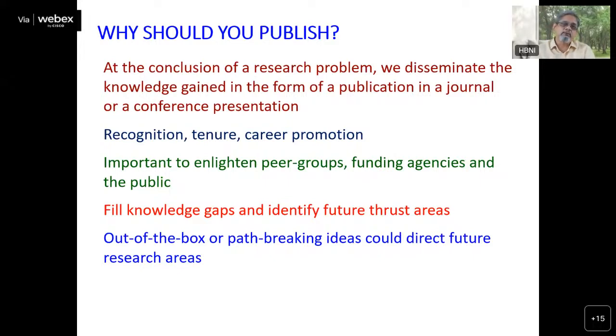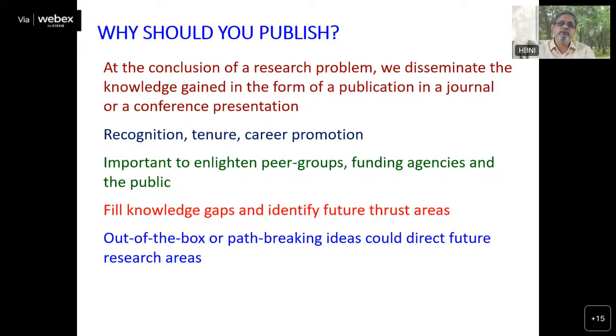Also, it is important to enlighten the peer research groups. When I say peer groups, I mean those people who are closely associated with the research area in which you are working, and the funding agencies who might have funded your research work, and finally the general public.